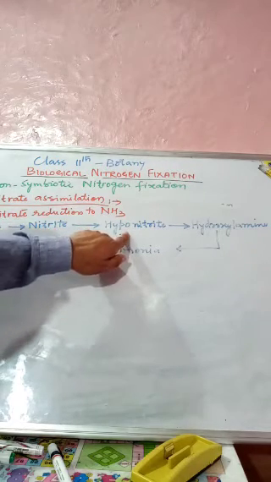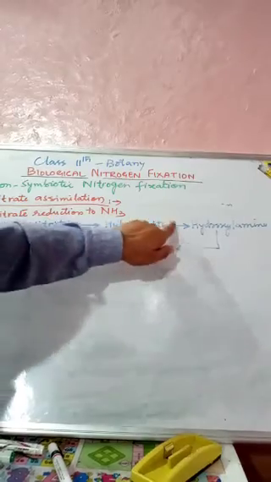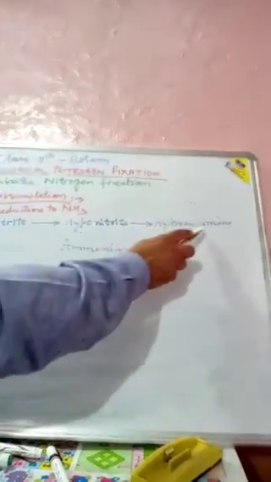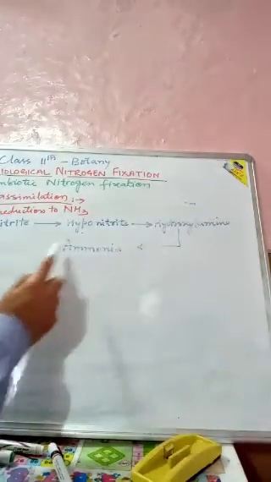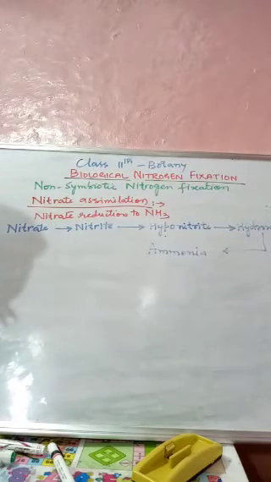Nitrite gets converted into hyponitrite. Hyponitrite gets converted into hydroxylamine. Hydroxylamine gets converted into ammonia. So nitrate gets reduced to ammonia in the following steps: nitrate to nitrite, nitrite to hyponitrite, hyponitrite to hydroxylamine, and hydroxylamine to ammonia.